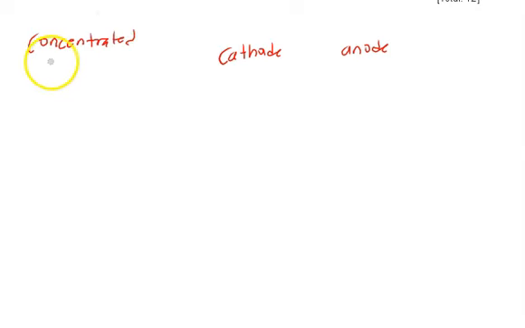Now at the cathode, and here we have the anode. Okay, if it is concentrated, so please remember you will have about 80% of the substance and 20% is the water.